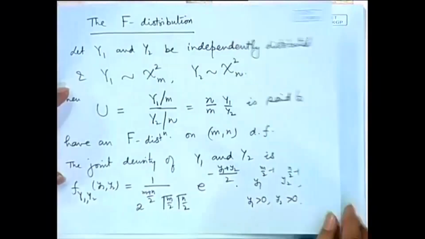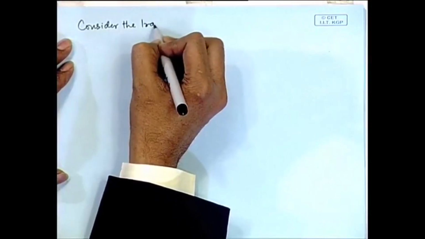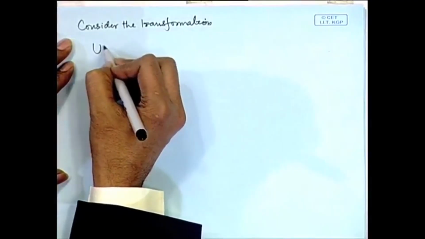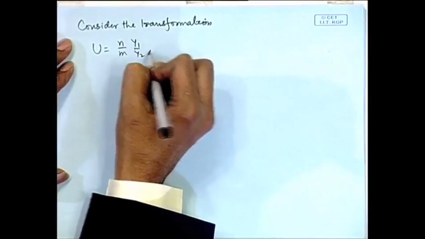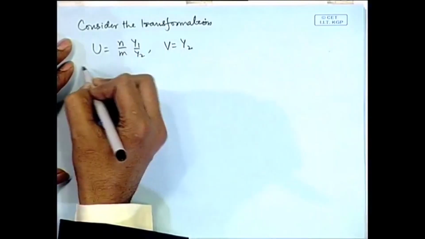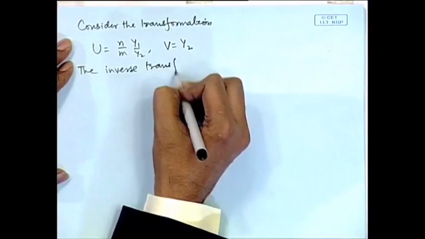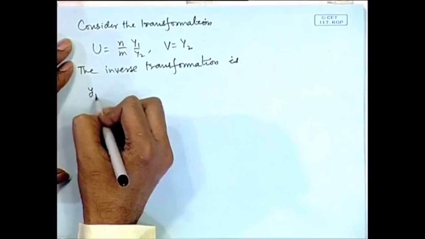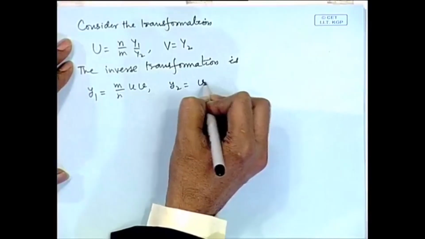So, we consider the transformation in which u is n by m y1 by y2 and v is equal to, say, y2. So, the inverse transformation is y1 equal to m by n u v, y2 equal to v.